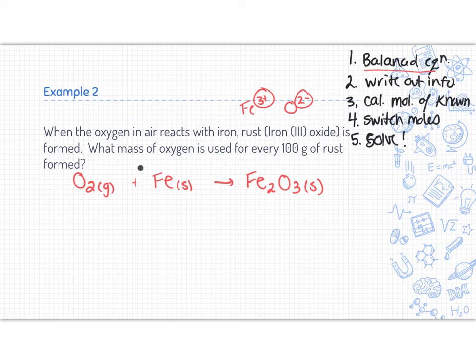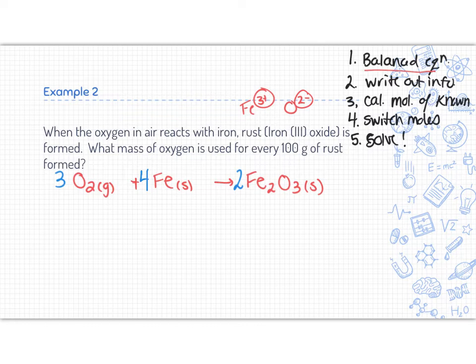I'm going to need to up the ante here. Let's double this. That gives me an even number of oxygens to work with. I now have 6 oxygens in my products and only 2 in my reactants, so I'm going to write a 3 here. That now gave me 4 irons in my products, so I'm going to put a 4 here for our iron.